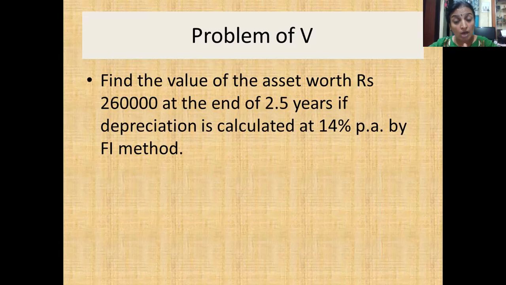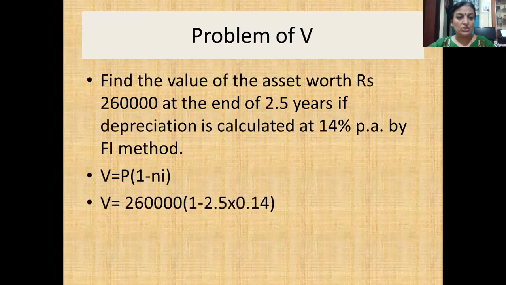So write the formula first. What is the V formula? V is equal to P within the bracket 1 minus NI. So P is given, that is 2,60,000. And 1 means 1 only, we have to put 1 minus N, N is 2.5 years into I, that is 0.14.